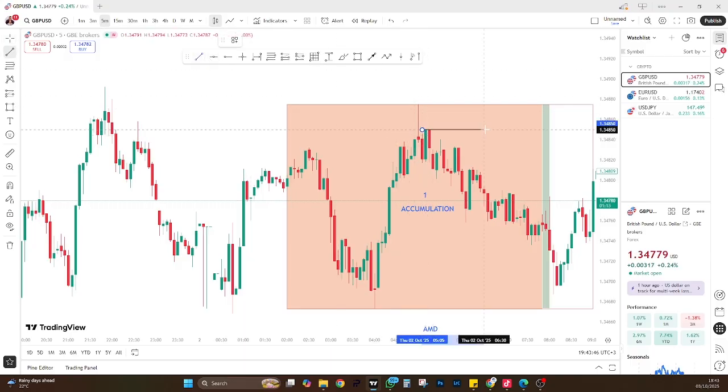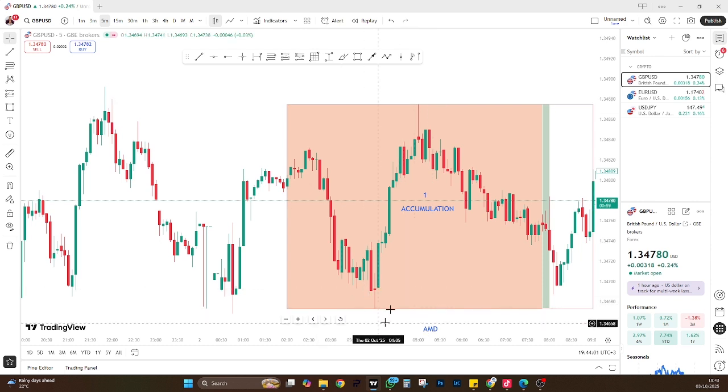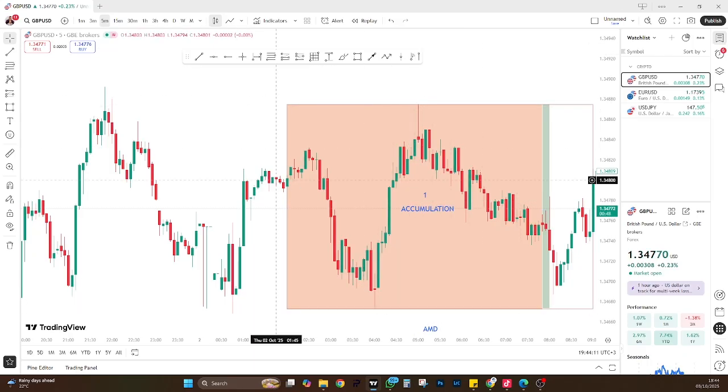Can you see this? Who can see that? That is double top, that is liquidity. This swing high here is liquidity, this swing low here is liquidity. So the market every day, sometimes it takes 2 days, must take this liquidity.